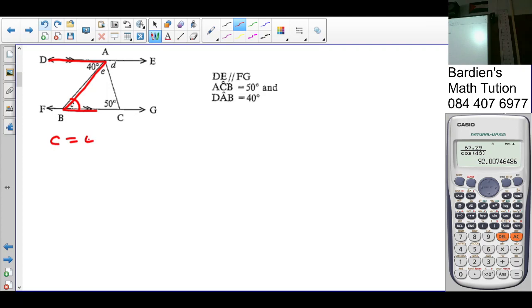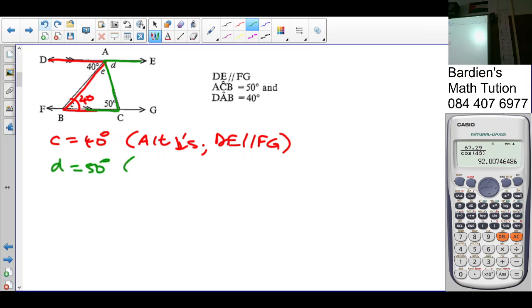So C is going to be 40 degrees. Alternate angles with DE being parallel to FG is 40. I'm going to calculate D. Also alternate angles, not so? Alternate angles with DE being parallel to FG.